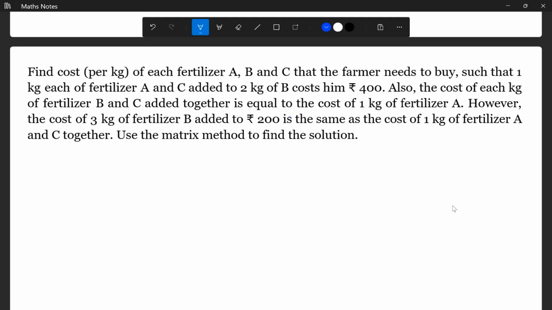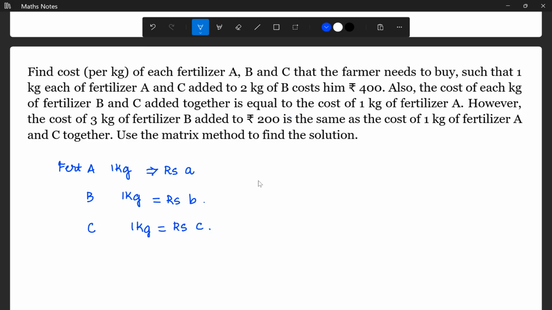Now, we will take the cost of 1 kg of fertilizer A to be rupees A, fertilizer B 1 kg, let it be rupees B, and fertilizer C 1 kg, let it be rupees C.